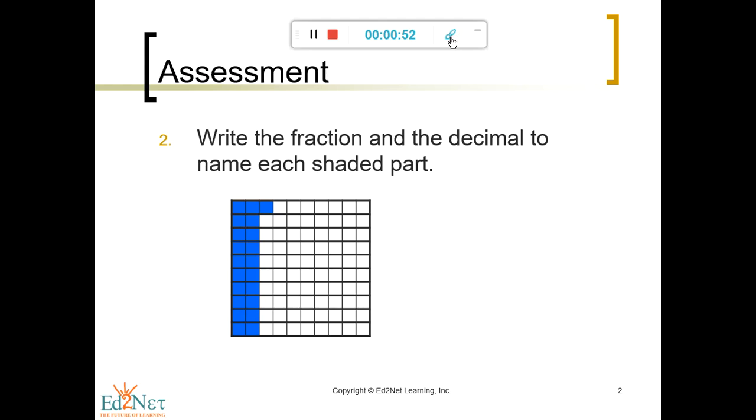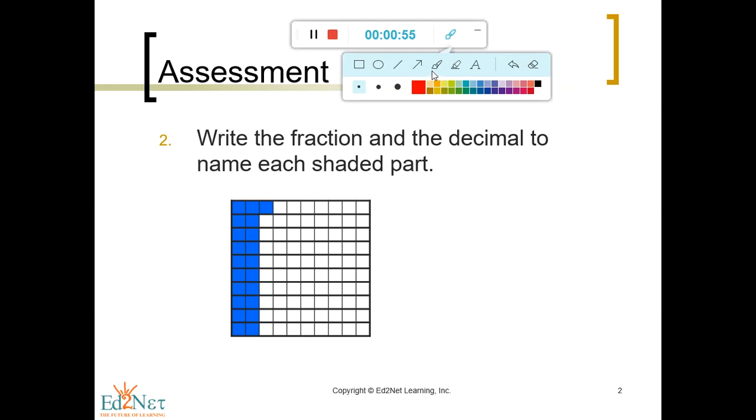So as a fraction, it's 21 over 100. I want to write it as a decimal. As you know, it's 21 hundredths, so we can write it as 0.21.